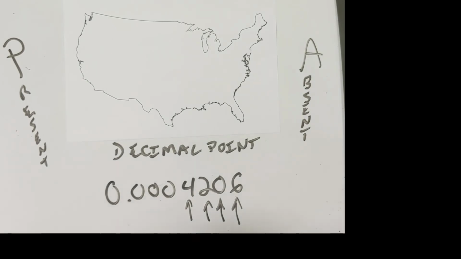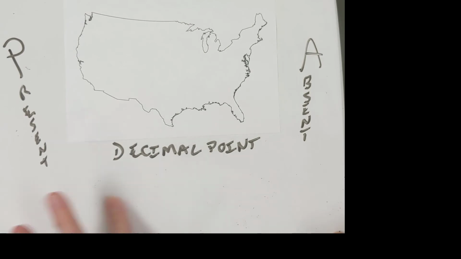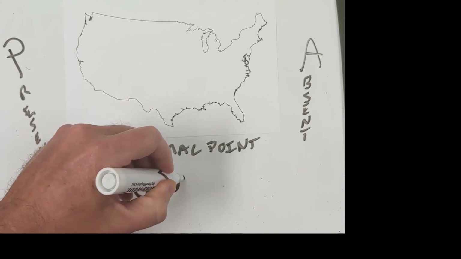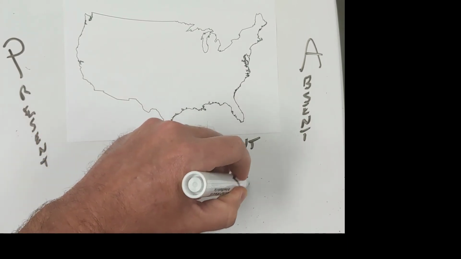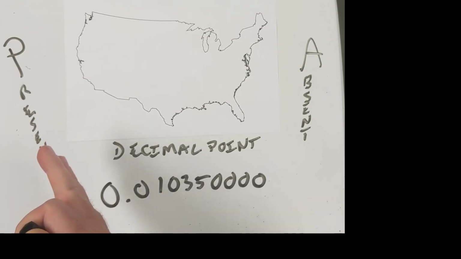So let's take a look at another number like this, let's say 0.0103500000. There's a lot of zeros here. Normally, with the three rules, we could work our way through it. But with the Pacific and Atlantic rule, there's really just one thing to look for. Decimal point. It's present.